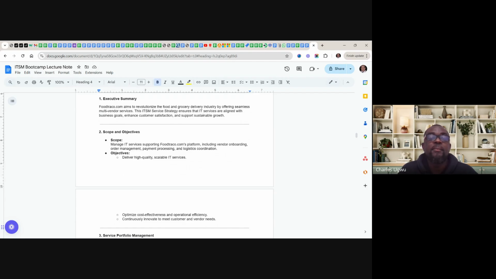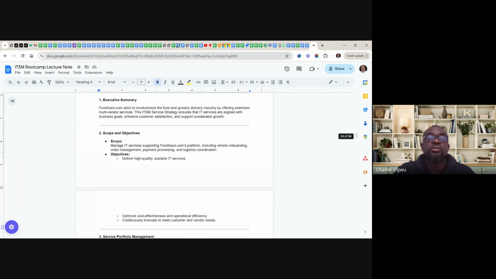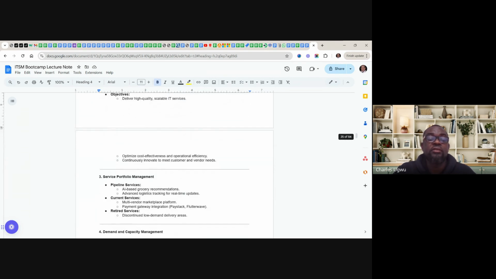Objective: deliver high quality, scalable IT services, optimize cost-effectiveness and operational efficiency, and continuously innovate to meet customer and vendor needs. So that is the scope and objective.